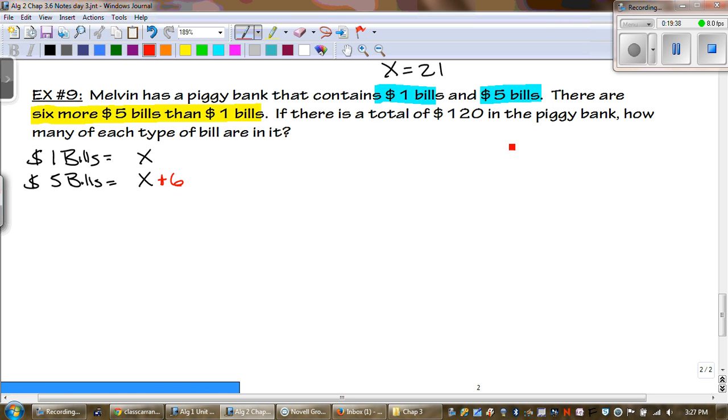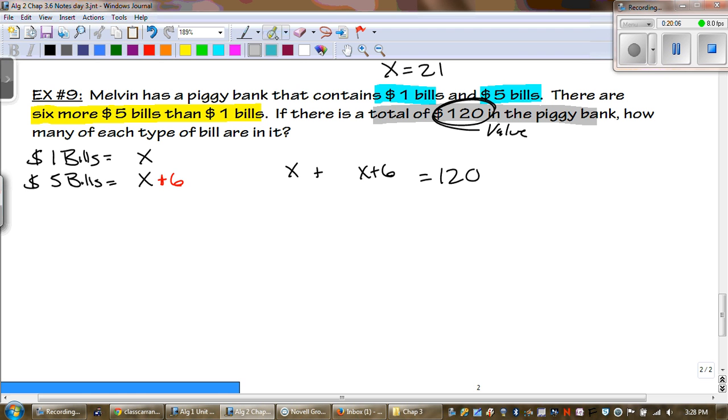And at the very end, it's saying if there's a total of $120 in the piggy bank, how much of each type does he have? And this is where we have to be very careful that once again, this is talking about the value, but over here, we're talking about the quantity.